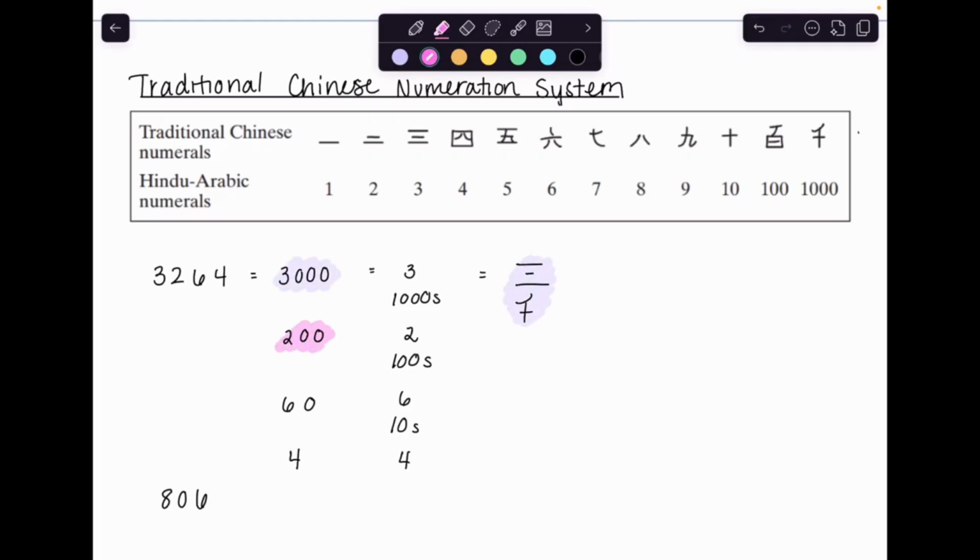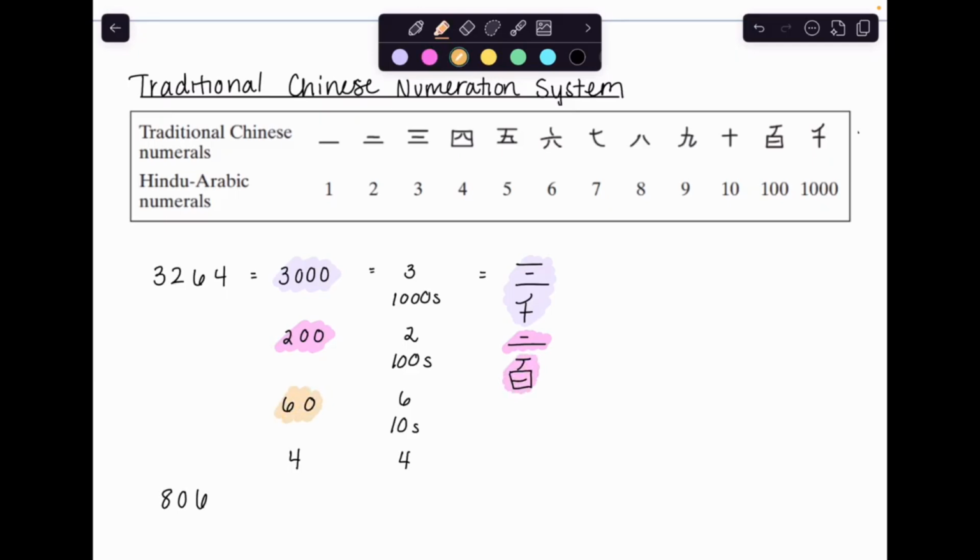Then if I move on to 200, I start with my symbol for 2, which is a small line, followed by a big line. And then my symbol for 100s, which looks like this. So I have a flat bar, a curve, and then a box with a swoop in it. So this is saying I have 2 100s.